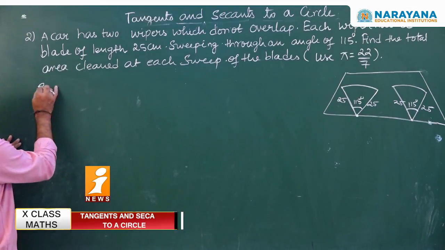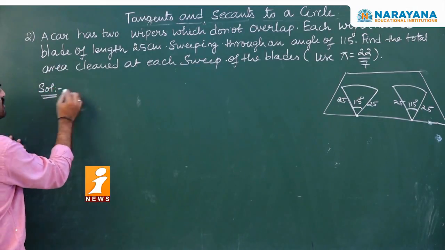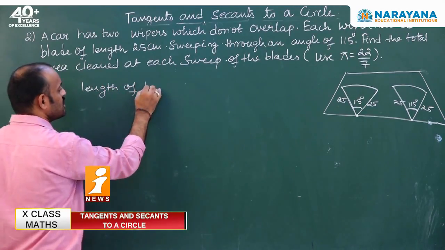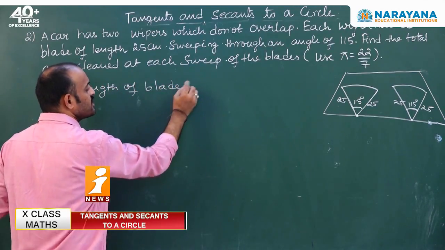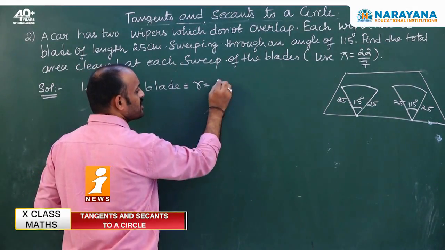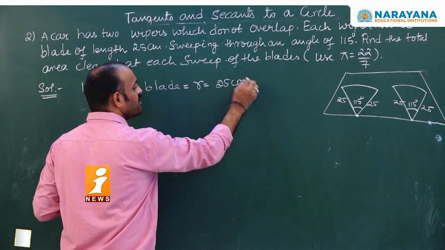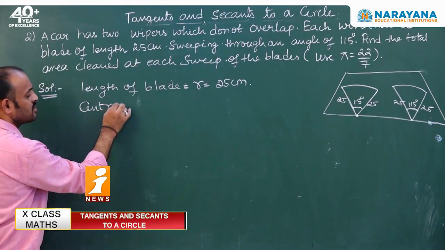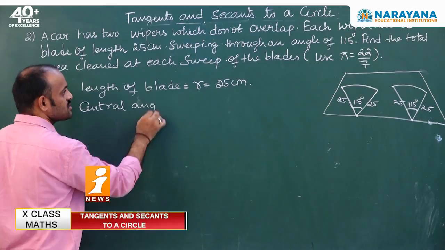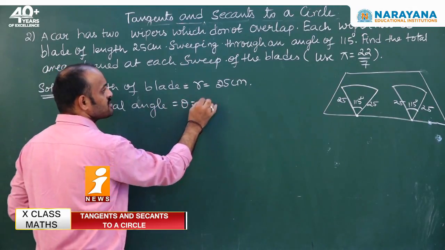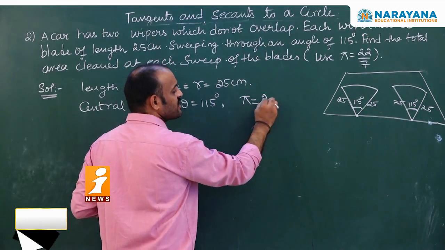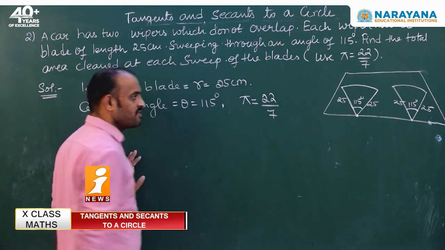Now here, length of the blade is nothing but radius of sector, which is 25 centimeters. Now central angle he has given as theta is equal to 115 degrees and pi he has given as 22/7.